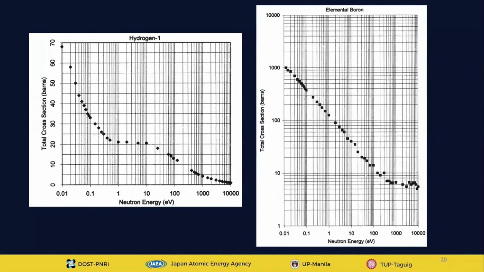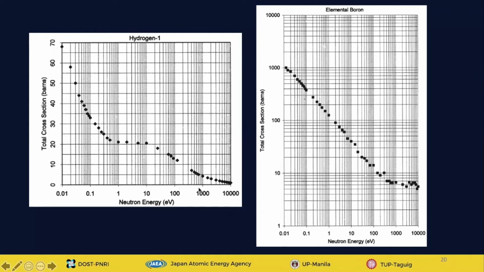Here is a plot of the total cross-sections of hydrogen and boron at various neutron energies. We can see from the graphs that the cross-section, right here on the y-axis, decreases as the energy or velocity of our neutron increases.